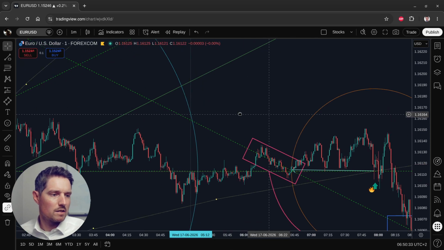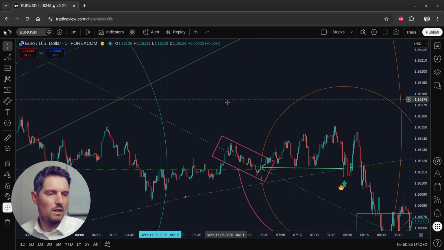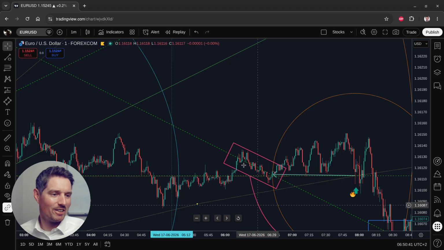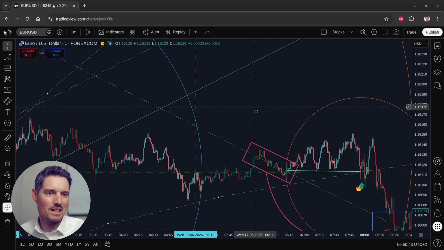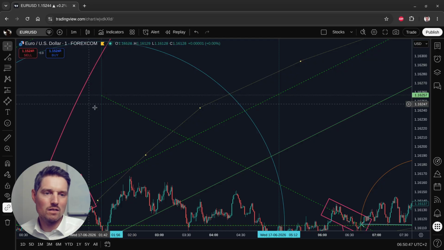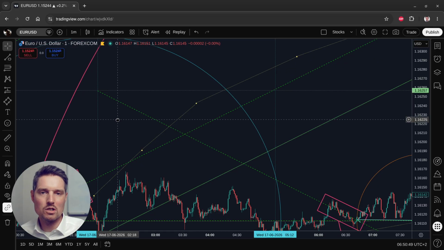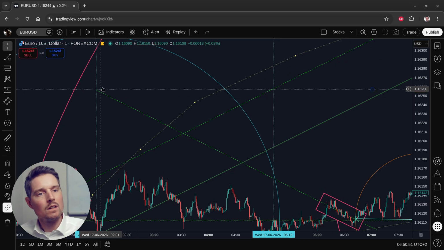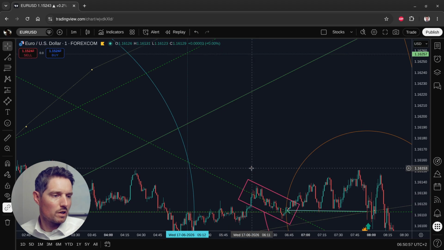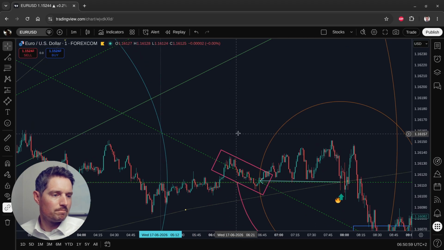Right here we had some, let's call it, line creep, or price action following these other slopes. So we basically again draw these slopes from these time separators crossing these inflection lines, and then price action strongly responds to that.